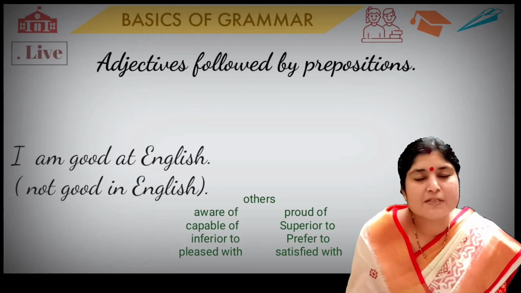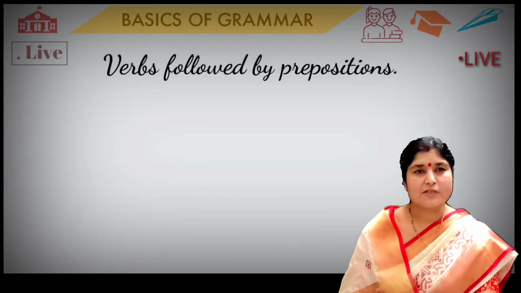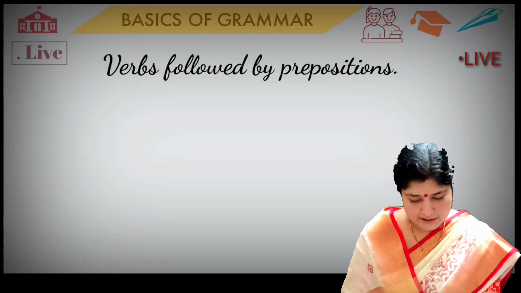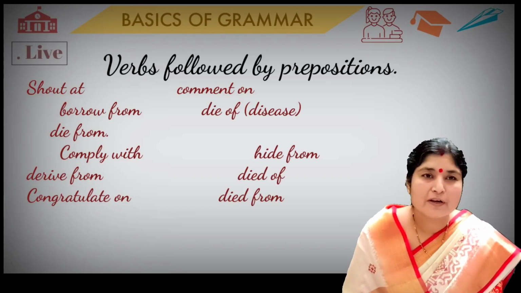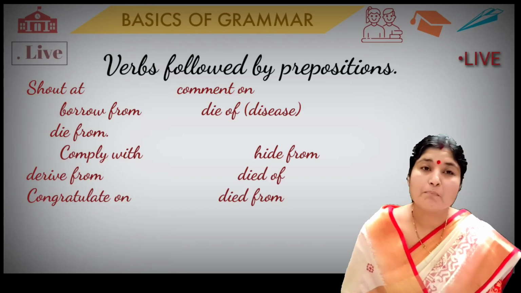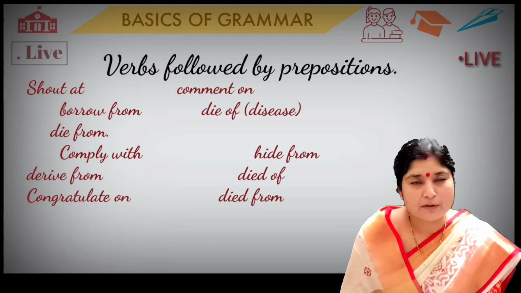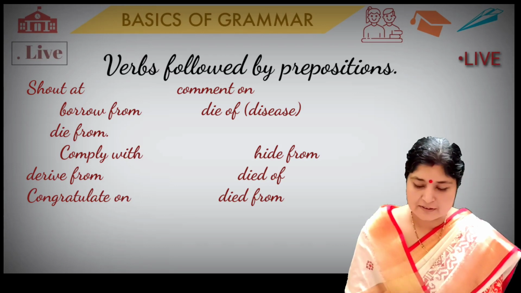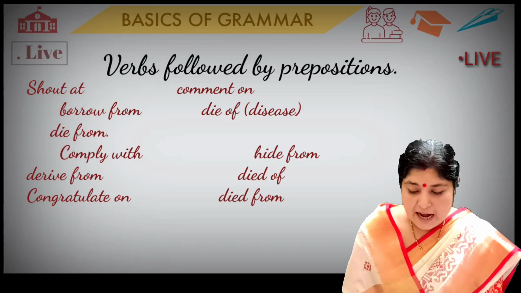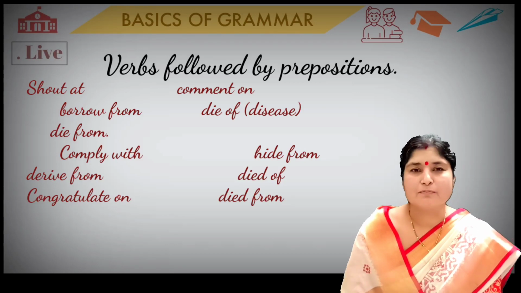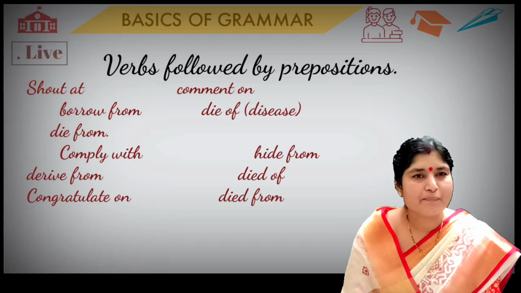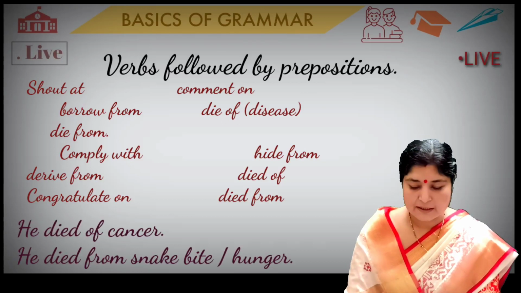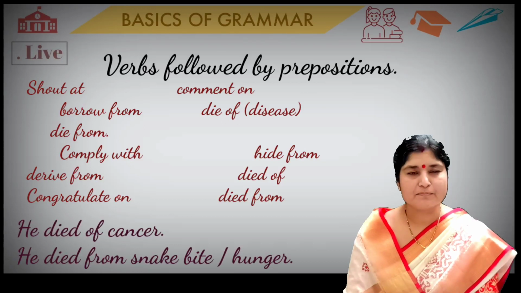Next, verbs followed by prepositions, like shout at, borrow from, wish for, comply with, hide from, derive from, congratulate on, comment on, die of and die from. Both are correct. For example, he died of cancer.